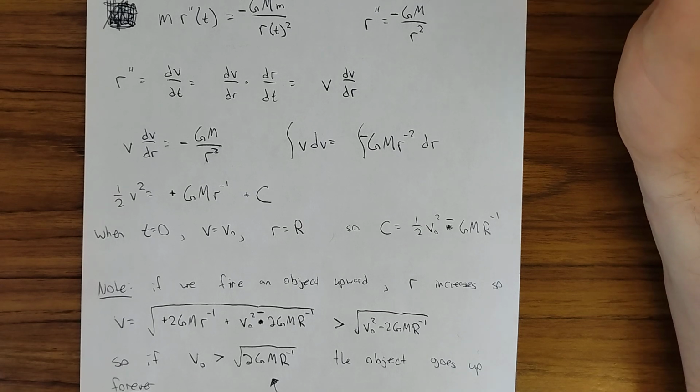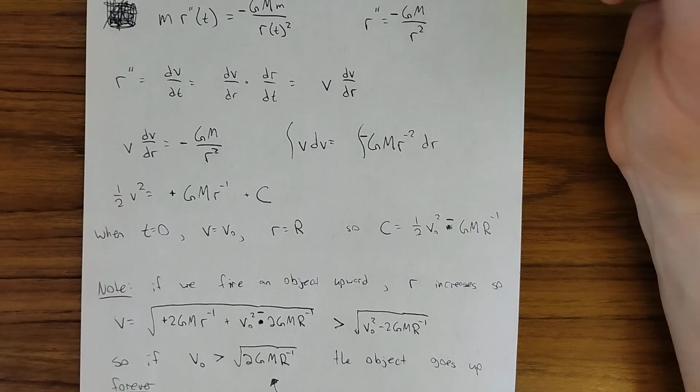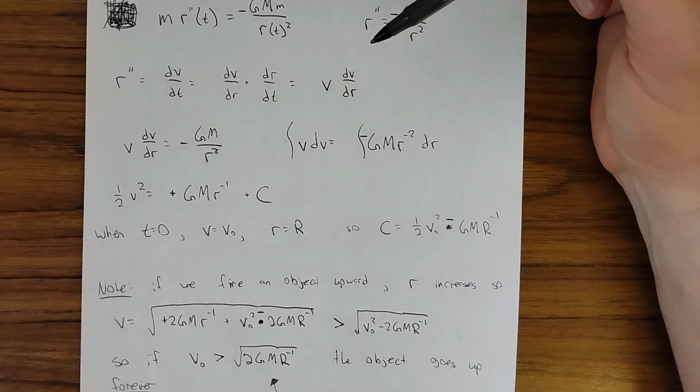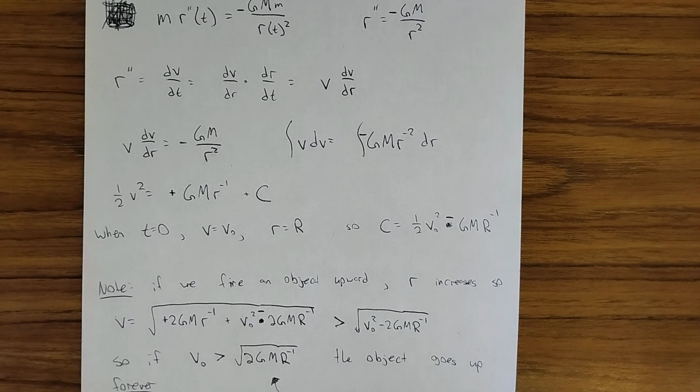So, right, where am I going with this? I'm just sort of messing around solving this differential equation. Let's try to answer a question. So we're going to talk about what we call escape velocity. Because if you fire an object fast enough, then, like I was saying, the force of gravity becomes less and less as it gets farther and farther from the Earth.